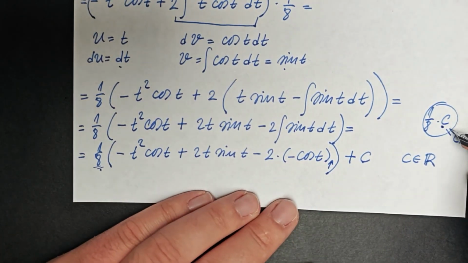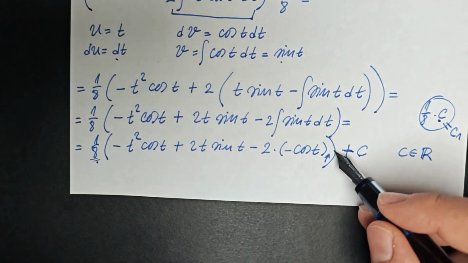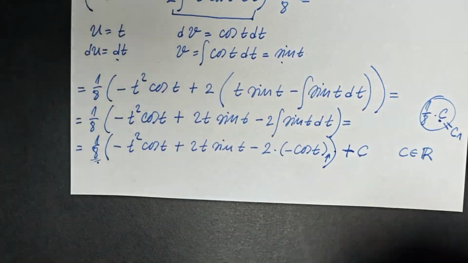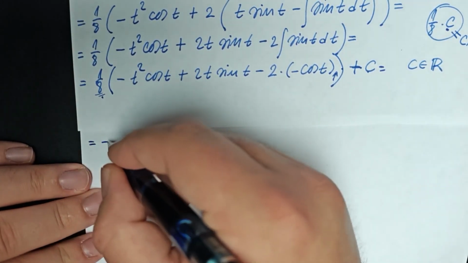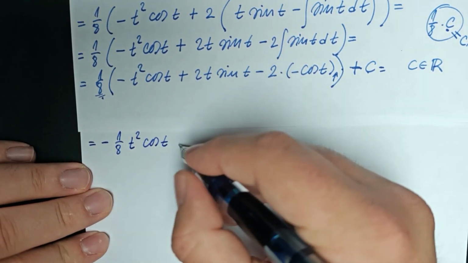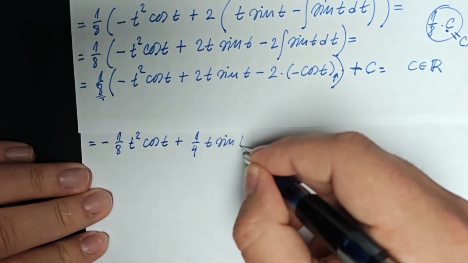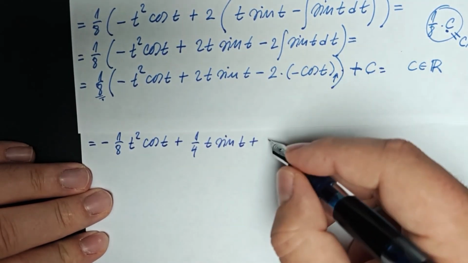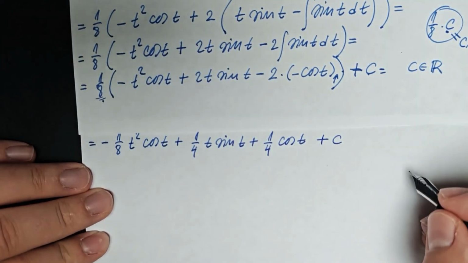So it doesn't change anything to put that plus c after the bracket. And now to continue our calculation, this is equal to negative 1 over 8 t squared cosine of t plus 1 over 4 t sine of t plus 1 over 4 cosine of t and plus c.